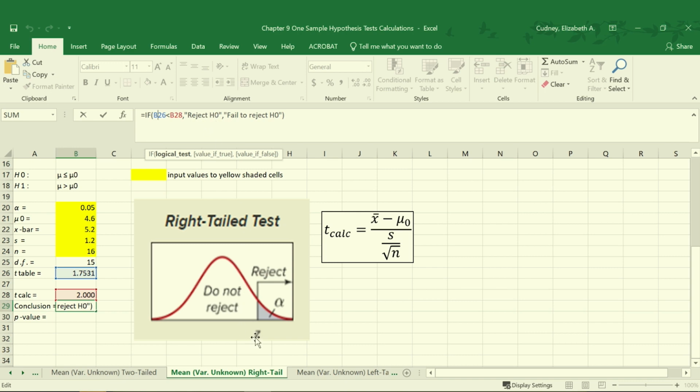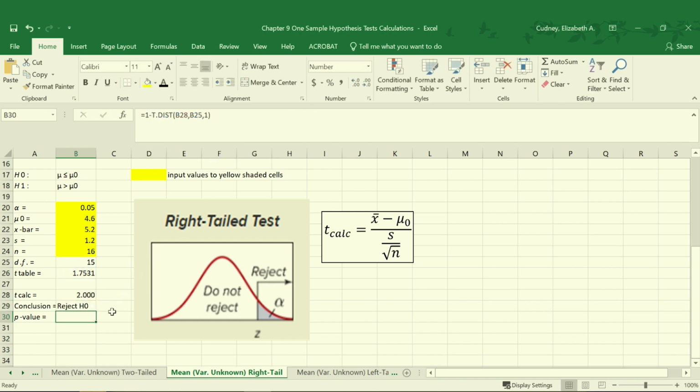And in this case, again, we can tell from our t value of 1.75 and our t calculation of 2.0, we should reject the null hypothesis. However, otherwise we would fail to reject the null hypothesis. In this case, we have the correct conclusion, which is to reject the null hypothesis.